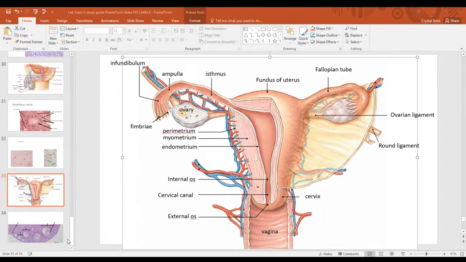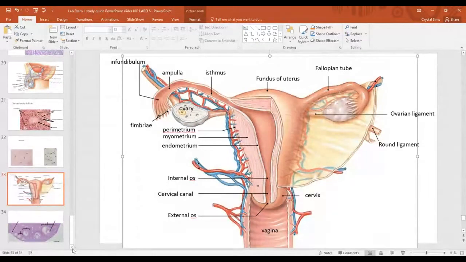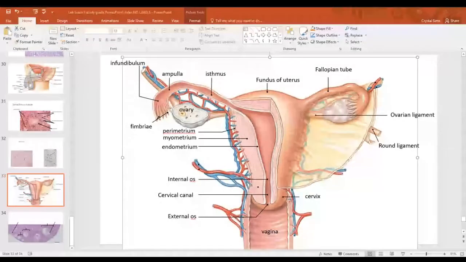Okay, so I've got the infundibulum at the top, and then moving over, I have the next little section of the fallopian tube, which is the ampulla. And then my next section of the fallopian tube is the isthmus. Okay.